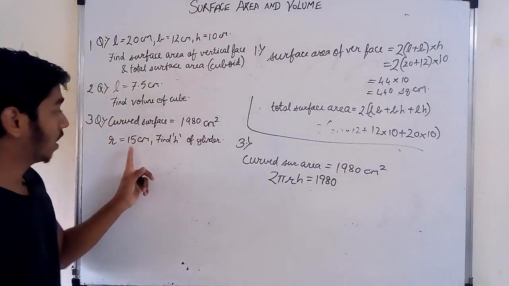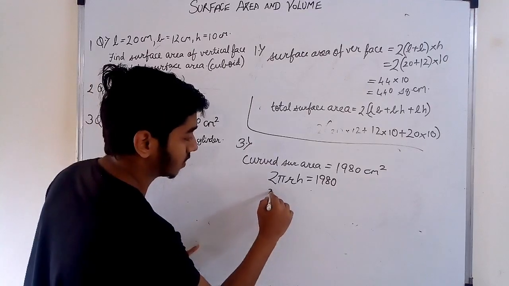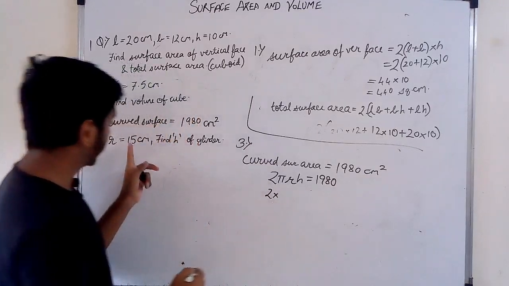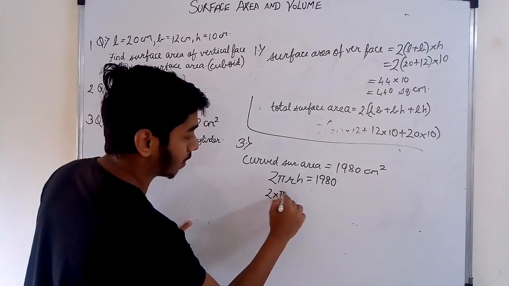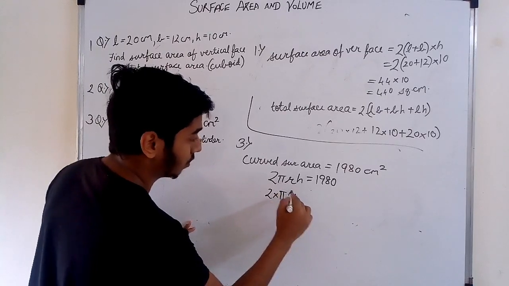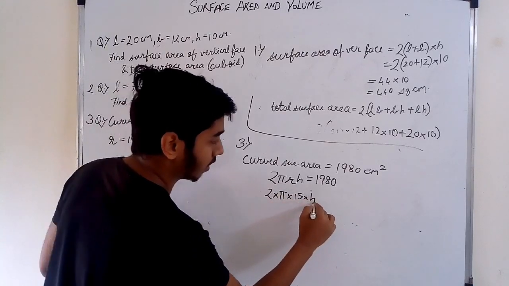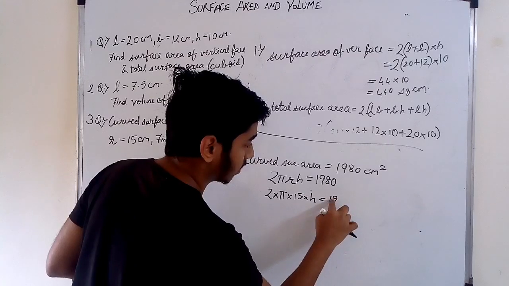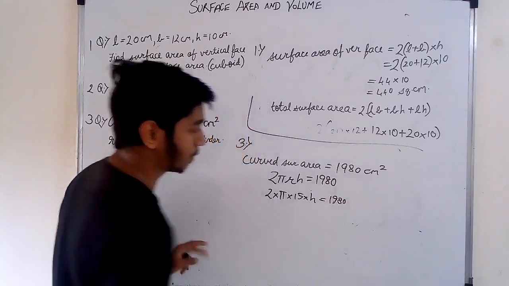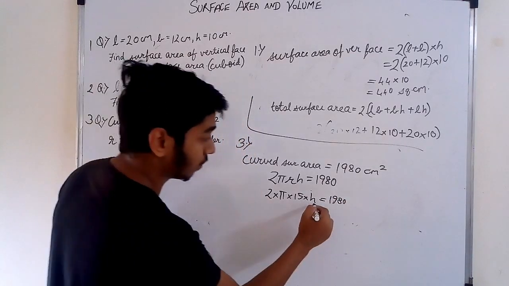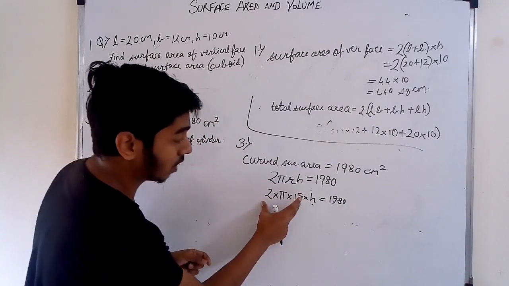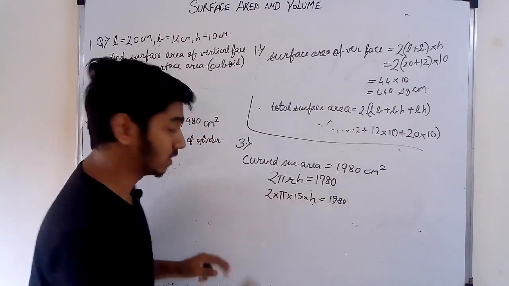Correct? Now r is 15. So just substitute: 2 pi into 15 into h equal to 1980. Correct? Now we have to find h. So take all of them below 1980.